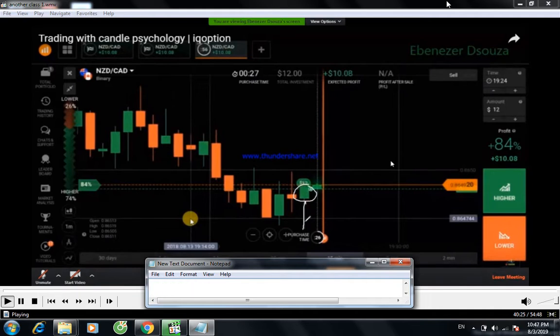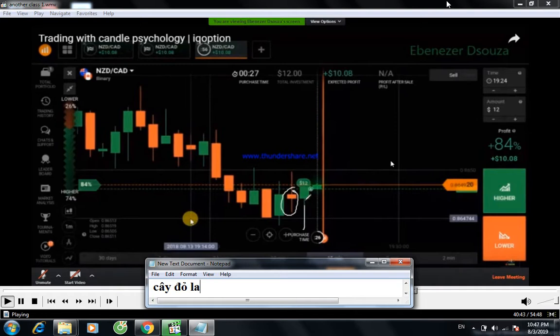This candle has good buying pressure and a strong body. So you can place a call option after this candle because this candle works as a continuation. It means the market will continue from this level at least for 1 minute.